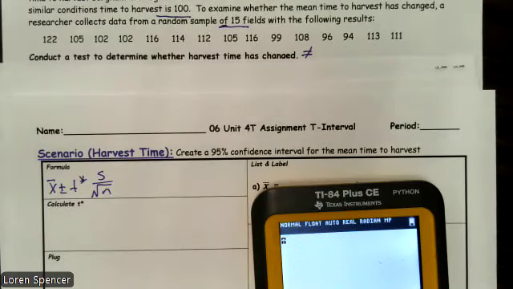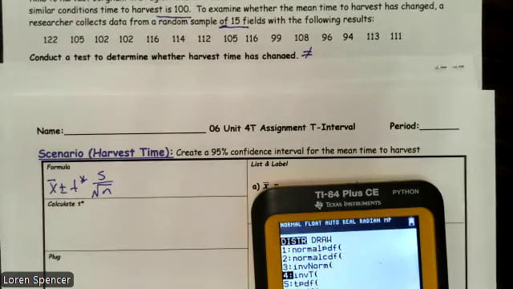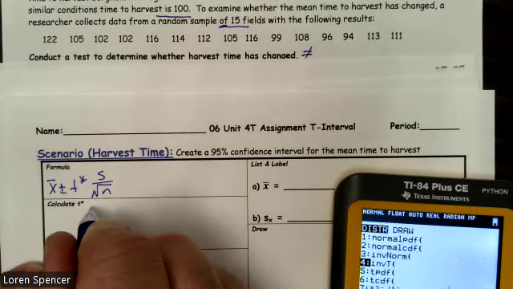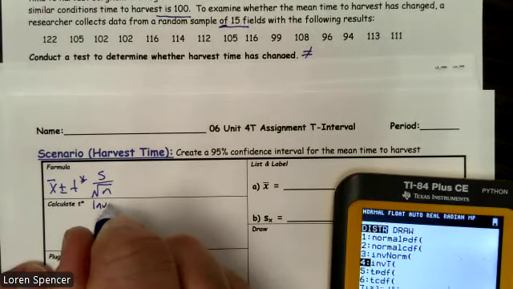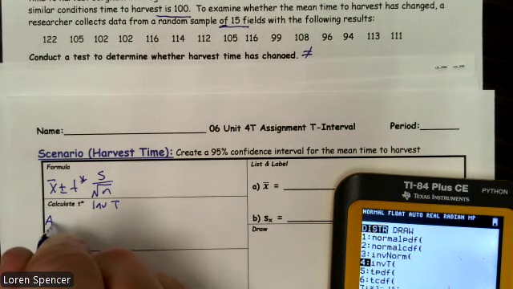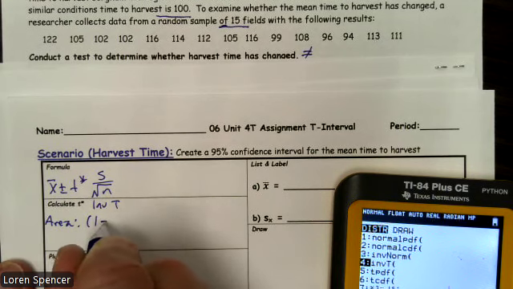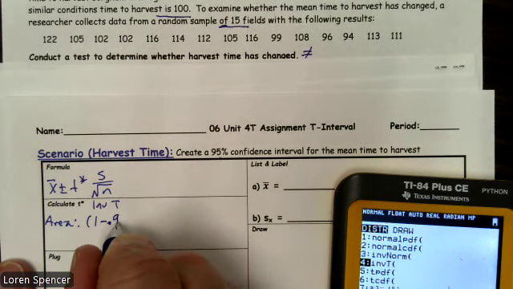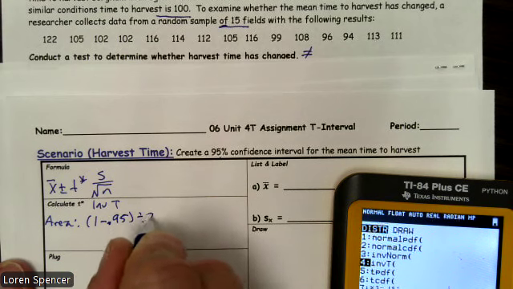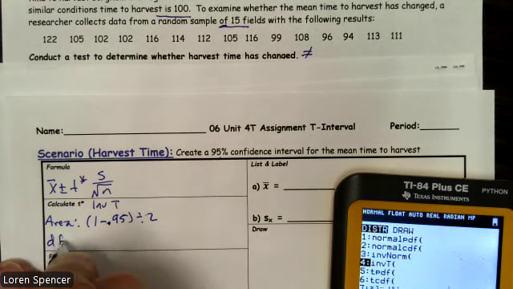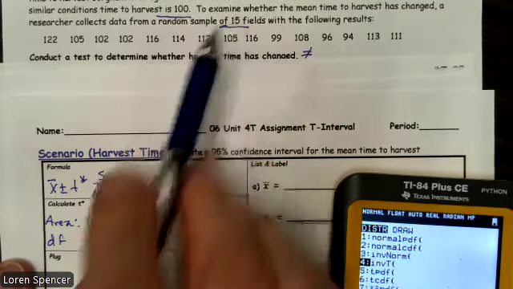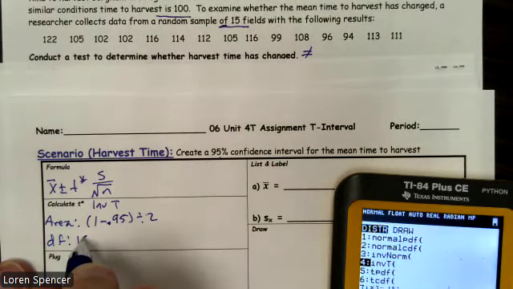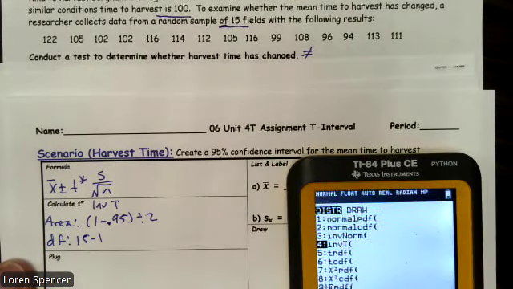On our calculator, second vars, inverse t. So remember, t star is going to be an inverse t on the calculator. The very first thing it's going to ask for is the area. And the area we put in the calculator is 1 minus whatever the percentage is. So 1 minus 0.95, divided by 2. And our degrees of freedom, in this case, we had a sample size of 15, so our degrees of freedom is going to be 15 minus 1.